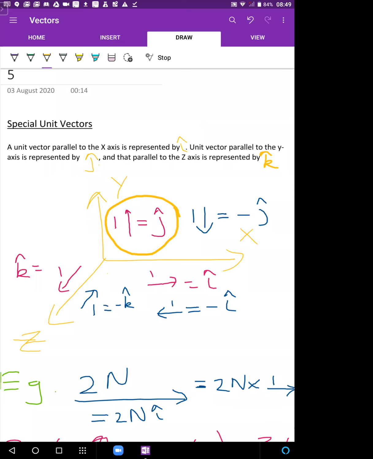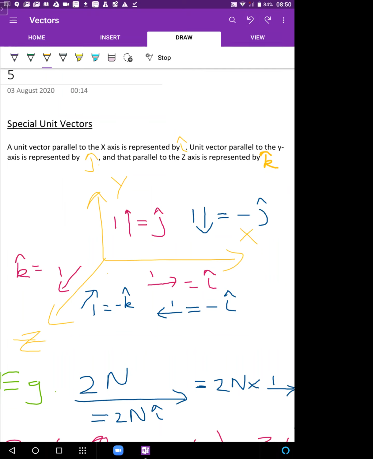These are all small alphabets: small i, small j, small k. The way we write j cap is, instead of the dot, we place the cap.